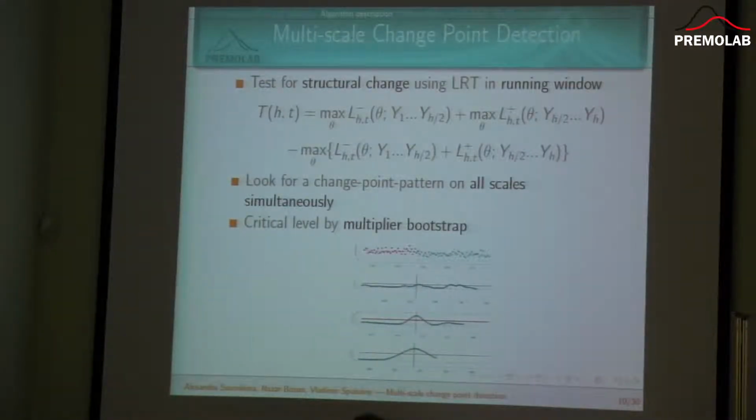First, we look for structural changes using likelihood ratio test statistics in a running window. Then we look for a change point pattern. I will talk about them later. And the last point is that we tune the critical level for test statistics using the multiplier bootstrap procedure that was already described by Maya today.